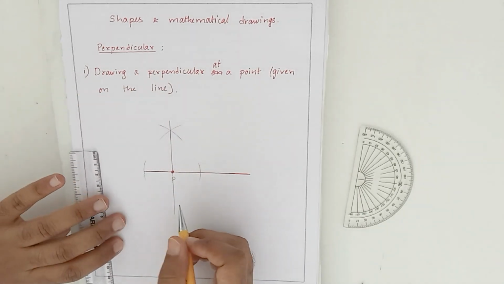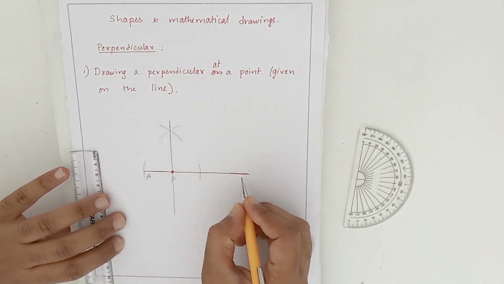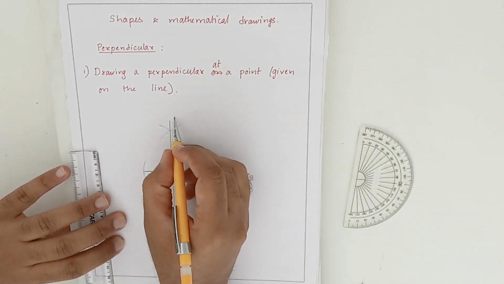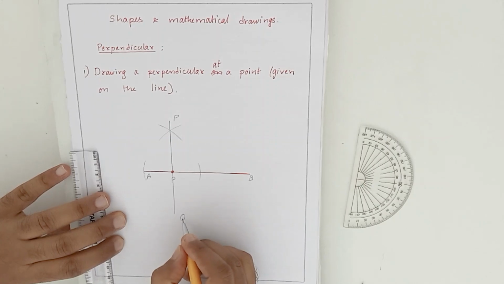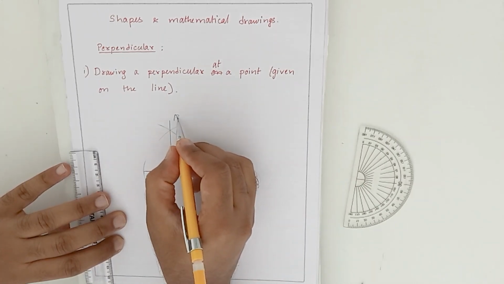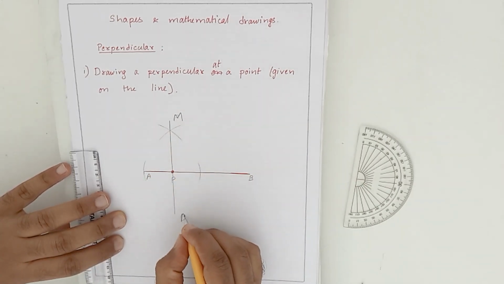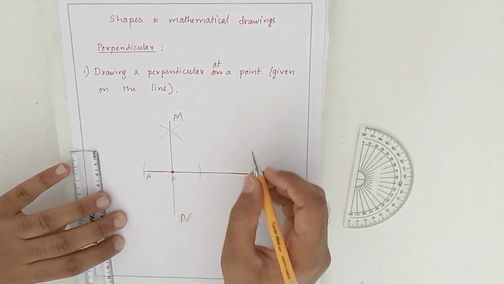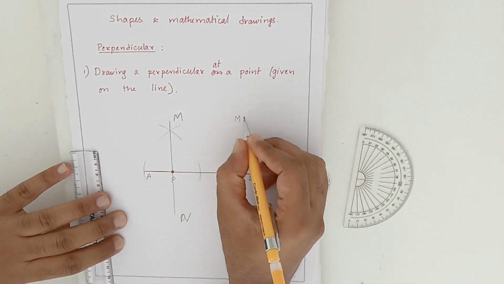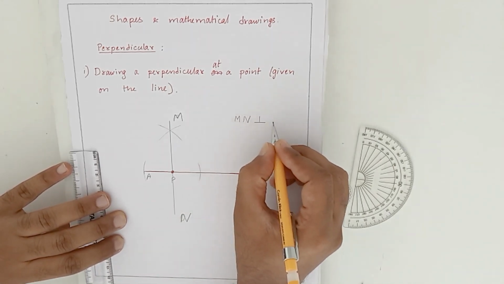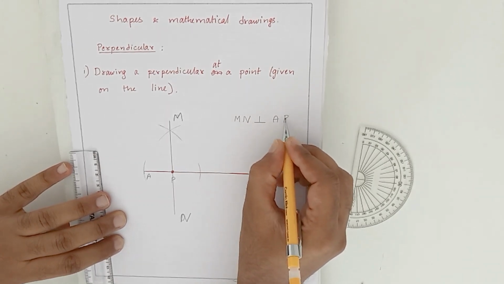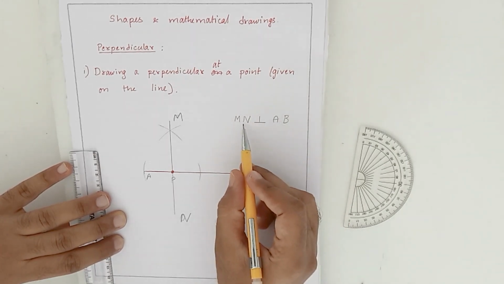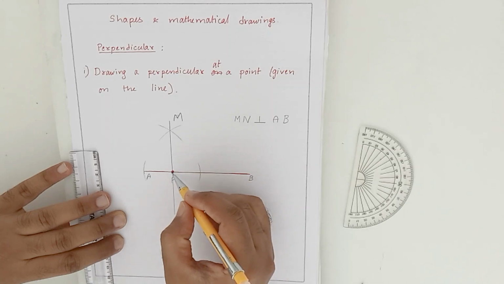So now if I call this line AB and I call this MN, then MN is perpendicular to AB, and this MN is passing through P.